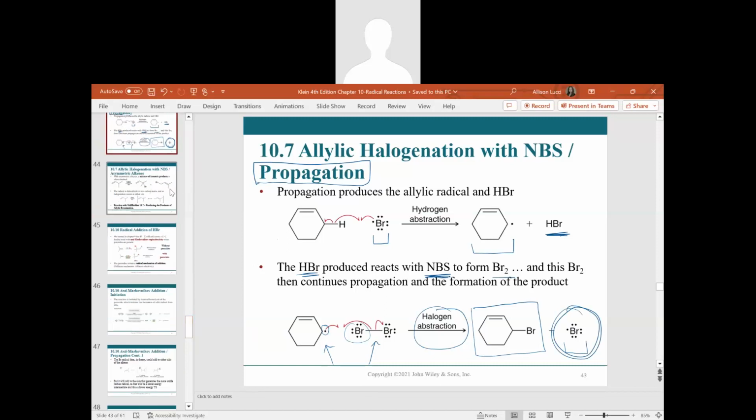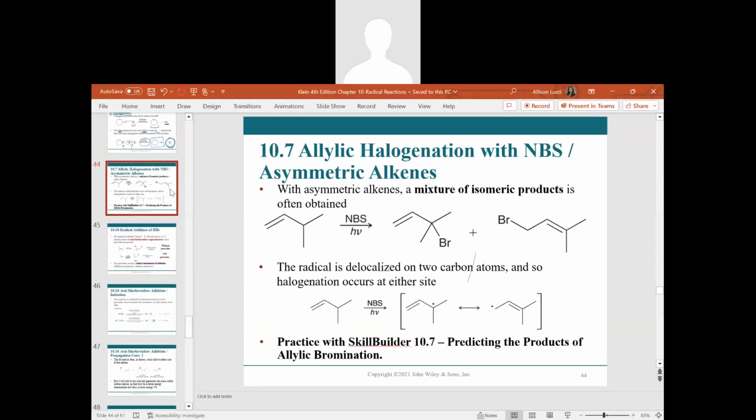On this last slide, we're going to look at allylic halogenation, still utilizing N-bromosuccinimide, but now with an asymmetric alkene.